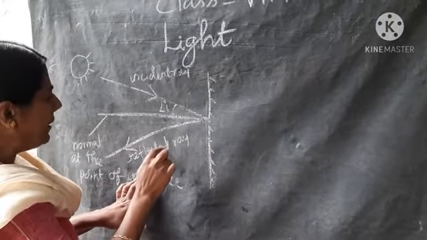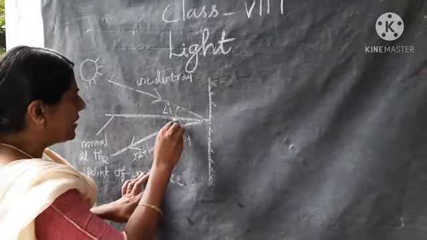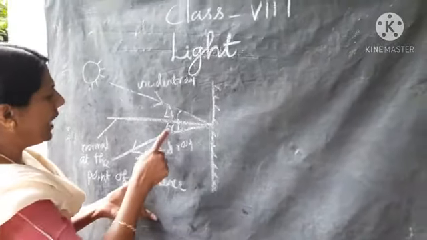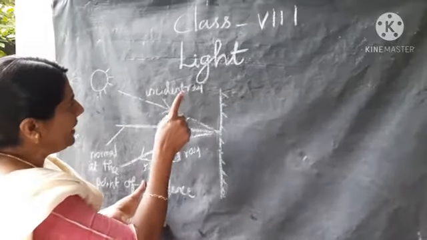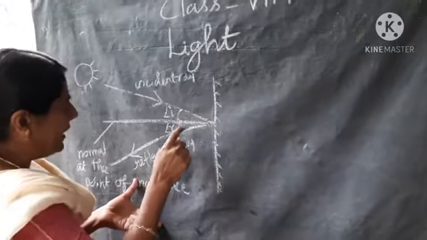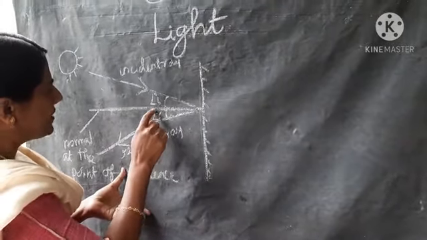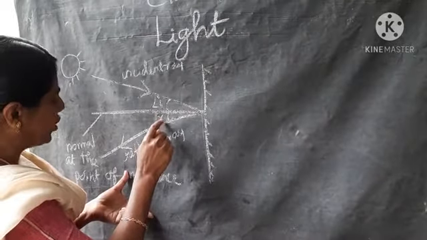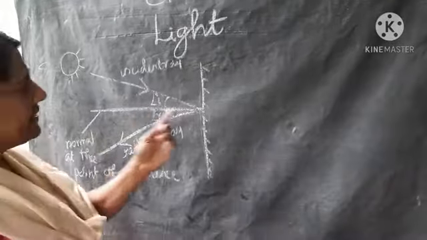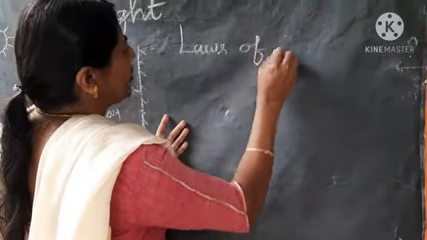The angle between the reflected ray and the normal at the point of incidence is the angle of reflection. The angle between the incident ray and normal is the angle of incidence. The angle between the reflected ray and normal is called the angle of reflection. Now, let us see what is the law of reflection.